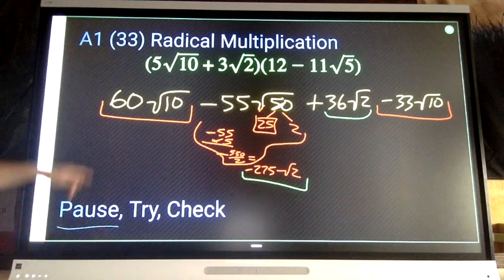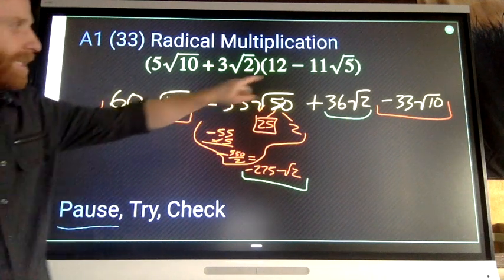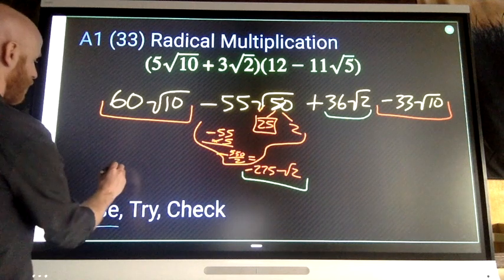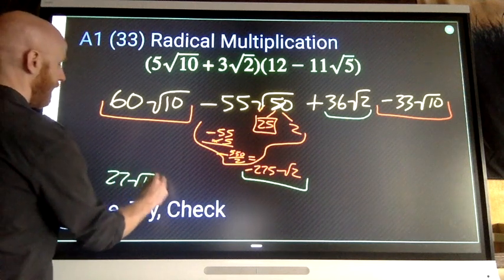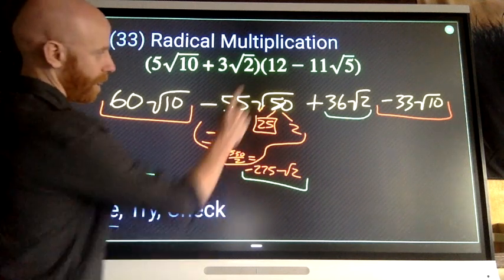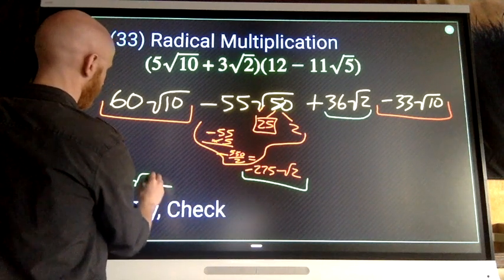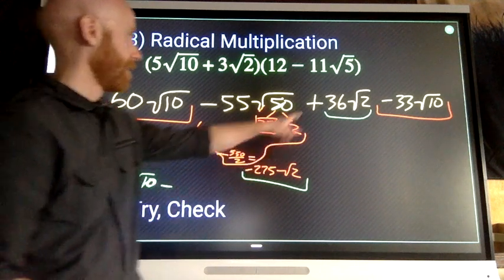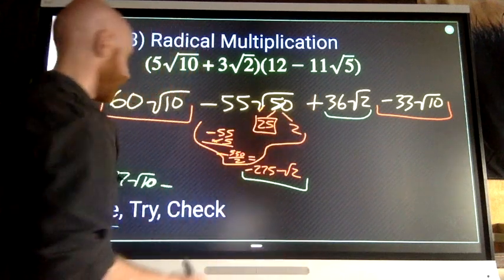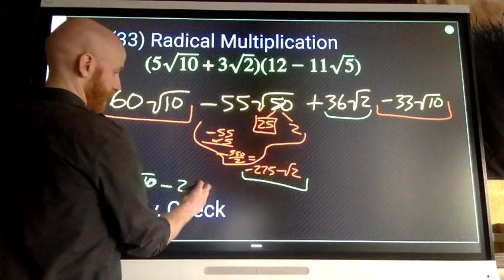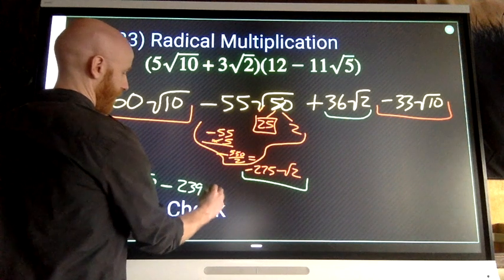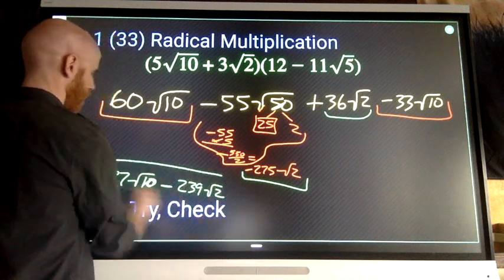So final answer, 60 minus 33, 27, root 10, minus 36 minus 275 is 239 root 2.